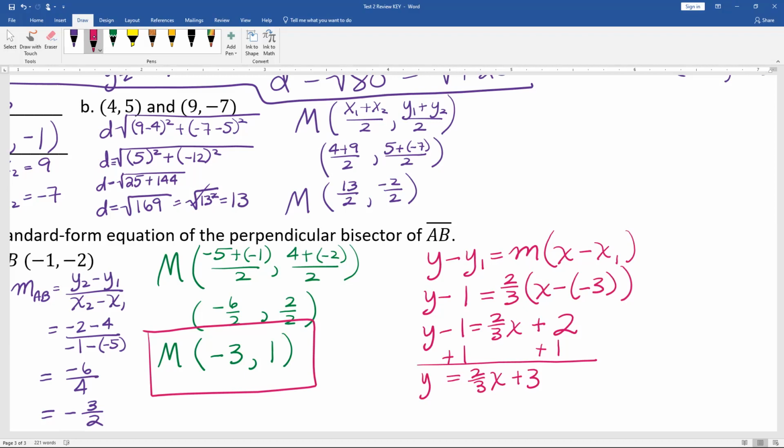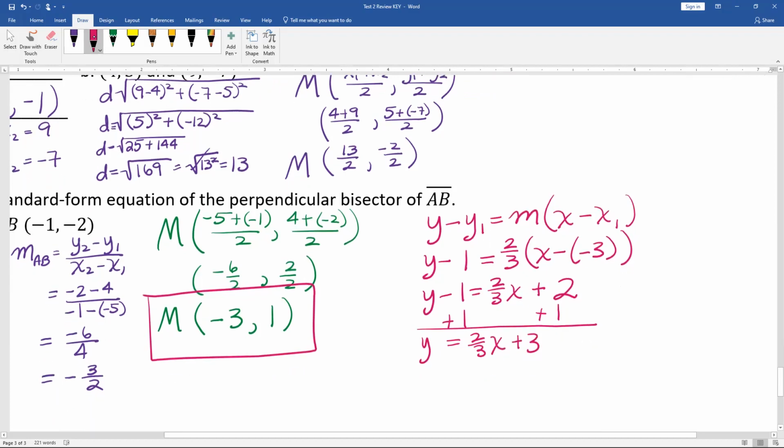Okay, so here's the thing about the standard form. You need to get rid of your fraction. What would we do here to get rid of that fraction, that 2/3? Y'all remember this? Multiply every term times 3.